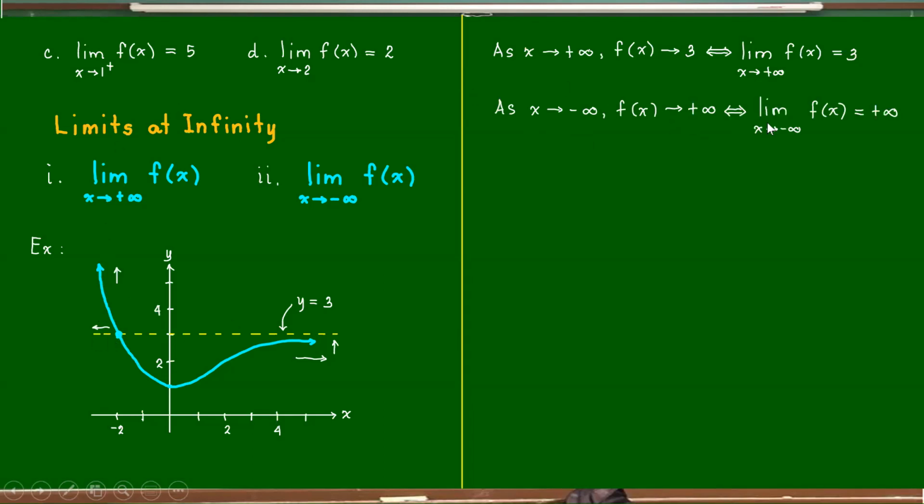Equivalently, the limit of f of x as x approaches negative infinity is equal to positive infinity. Of course, we don't mean that the limit exists. This means that the limit does not exist as x approaches negative infinity. But as x approaches positive infinity, there is a limit, and it is equal to 3. Okay?